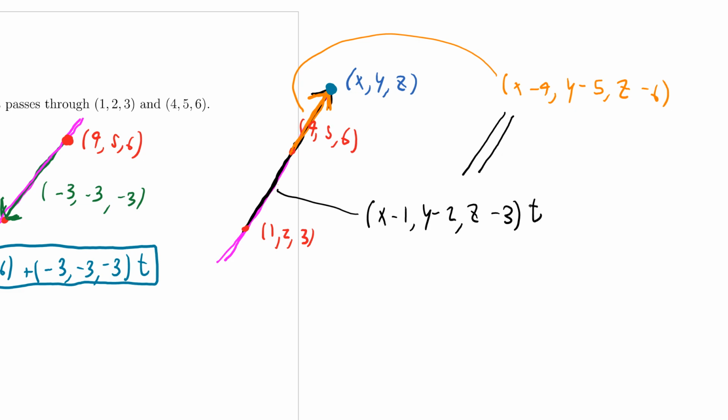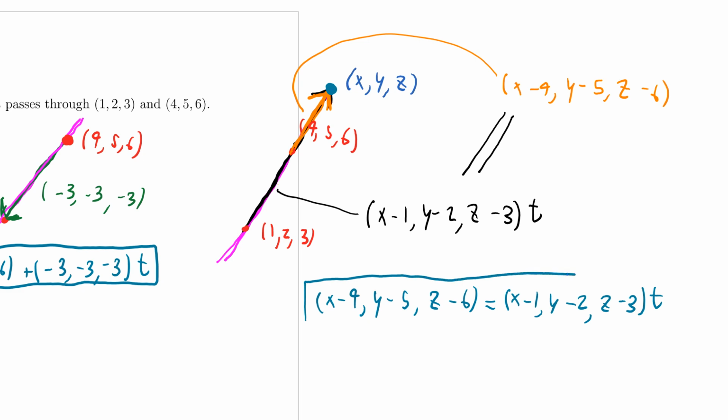So I'm going to have this equation: x minus 4, y minus 5, z minus 6 equals x minus 1, y minus 2, z minus 3 times t. So once again, this is another form for the same line that we are looking for.